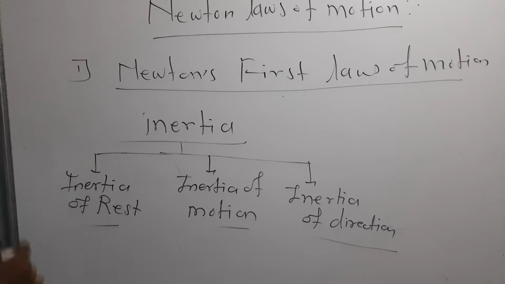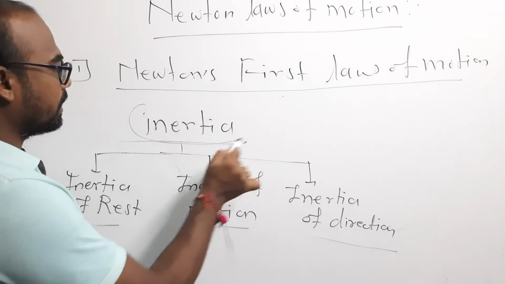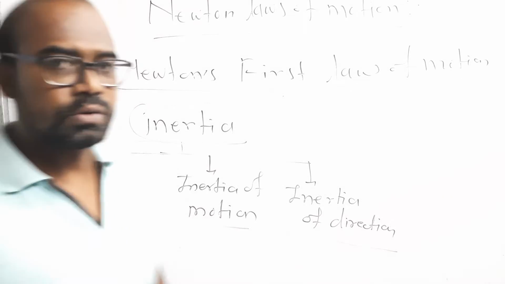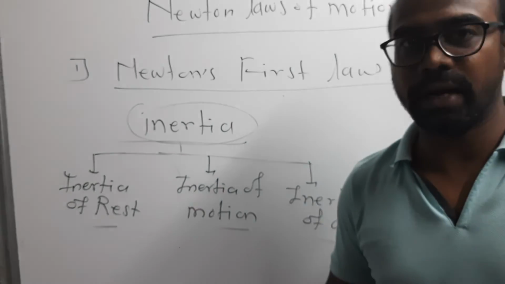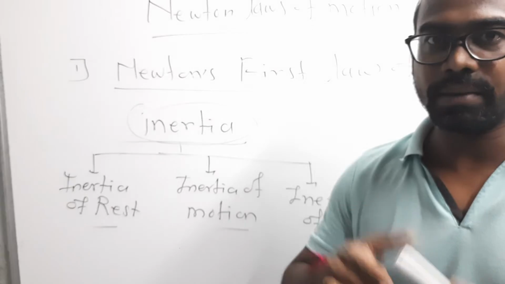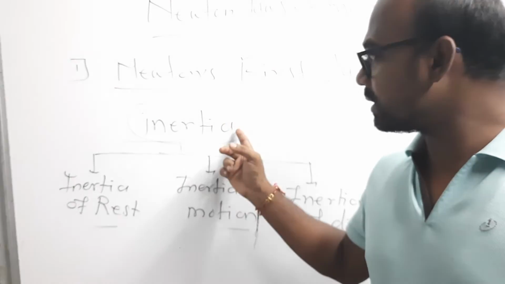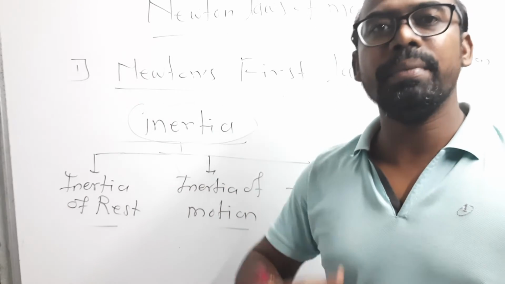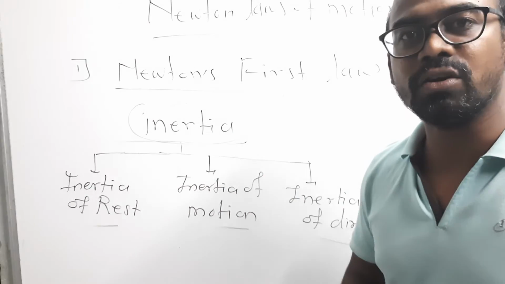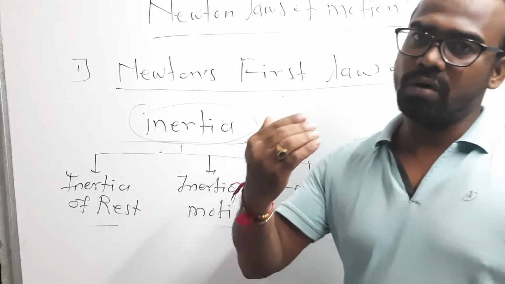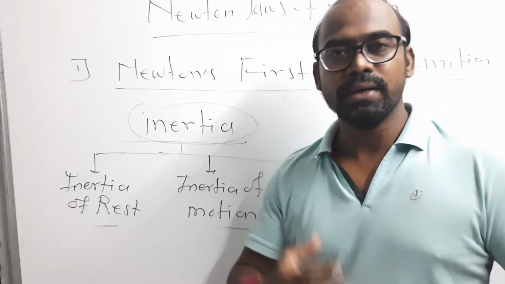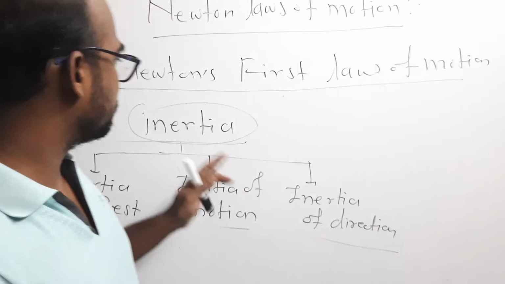Right? So these three types are included in the types of inertia. So try to remember the definition and the meaning of inertia. I'm repeating once again. What is meant by inertia? A body has inability to change the state of rest or uniform motion by itself, called inertia.